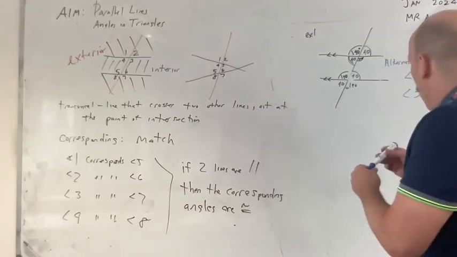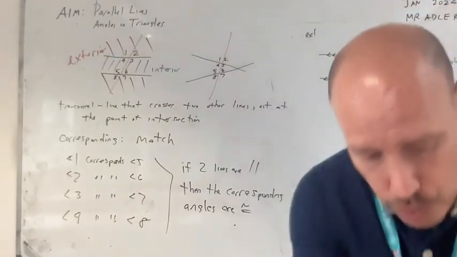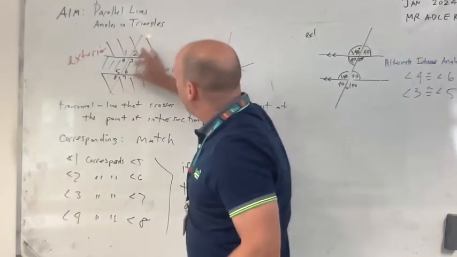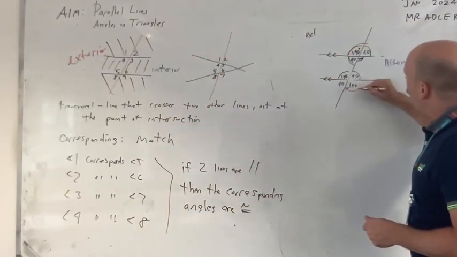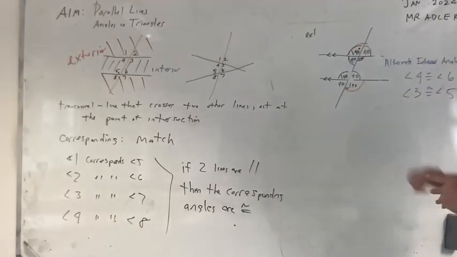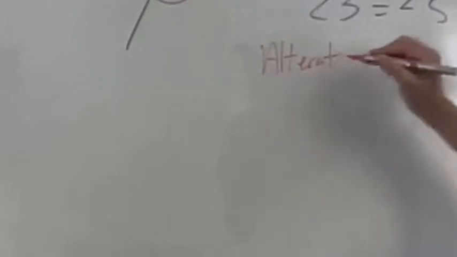Now, we also notice when we're looking at the exteriors that this 140 is congruent to this 140 over here. And it turns out that those are known as alternate exterior angles.